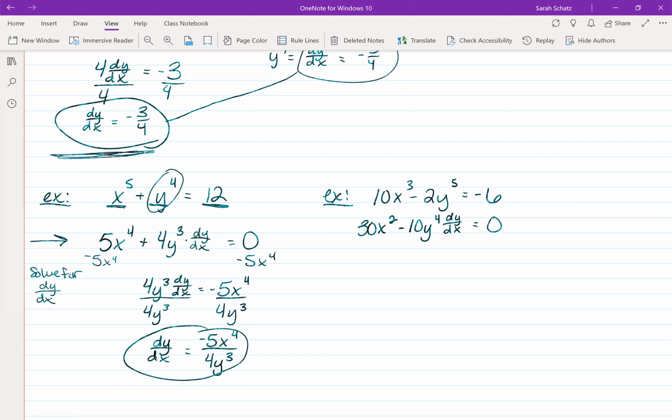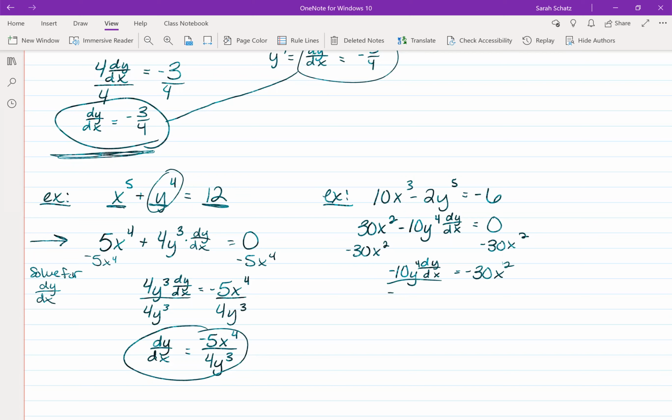So very much like the one we just did, I just need to solve for dy dx. So I'm going to subtract 30x squared from both sides and get negative 10y, or sorry, I left out a term, negative 10y to the 4th dy dx equals negative 30x squared.